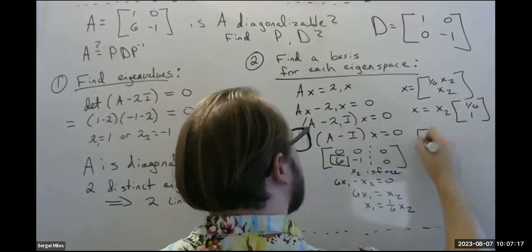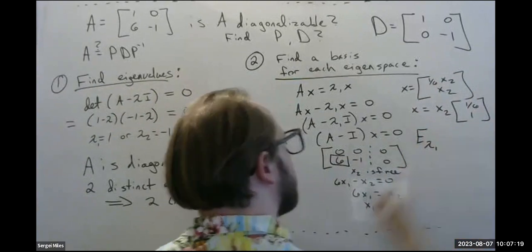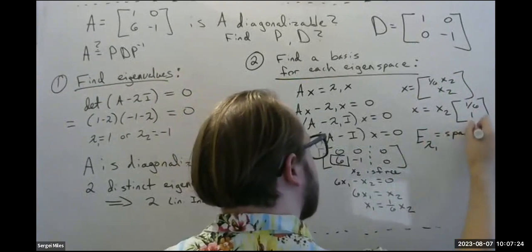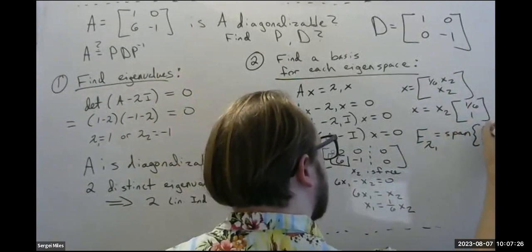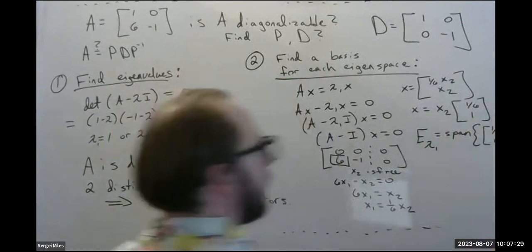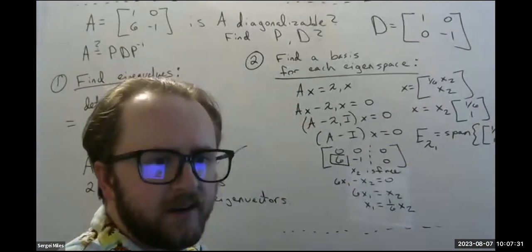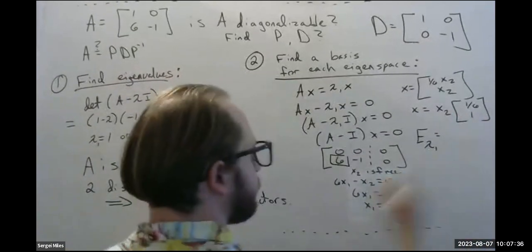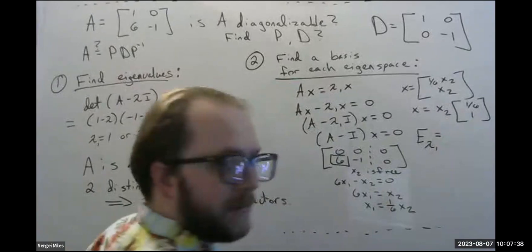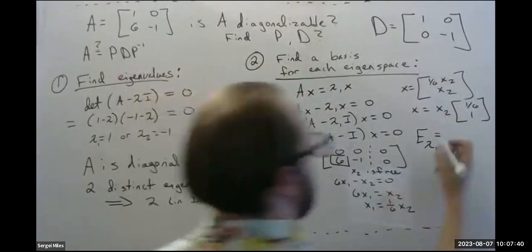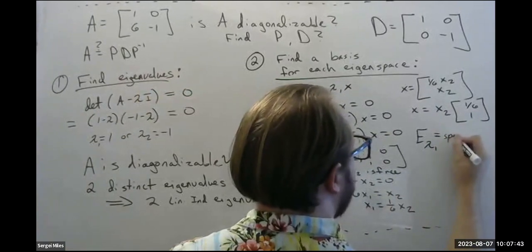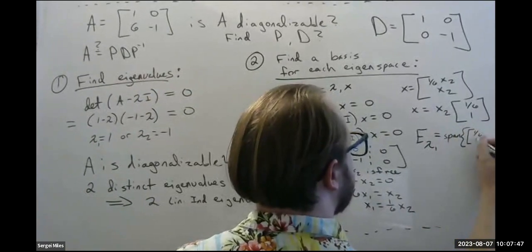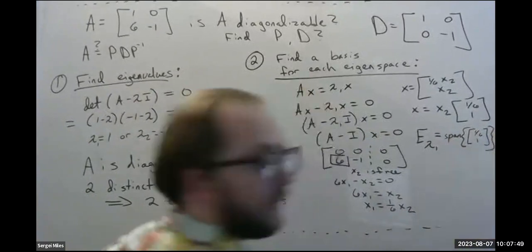In other words, my eigenspace, which corresponds with lambda 1, equals the span of 1/6, 1. I think I'm running off the screen. I am. So let me write it down here. The eigenspace corresponding with lambda 1, maybe I can write it smaller, is the span of this vector, 1/6, 1.